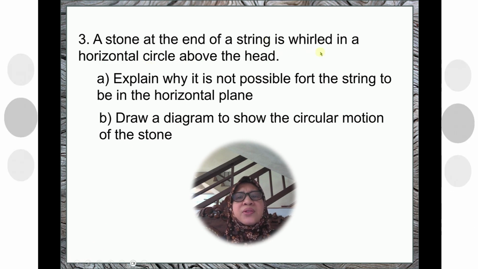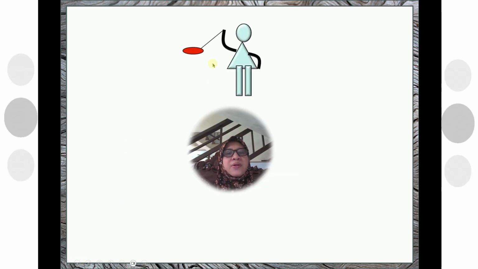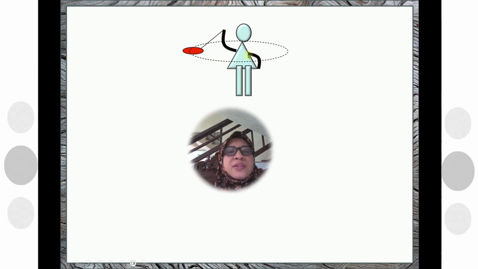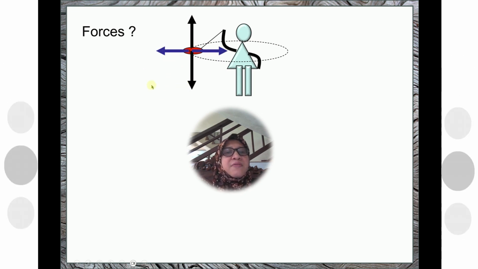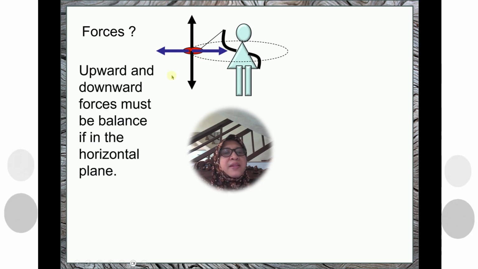The stone is whirled in a horizontal circle above the head. Imagine whirling it like this. The forces that act on the object will include an upward and downward force, and for it to move in a horizontal circle, we have a left and right force.